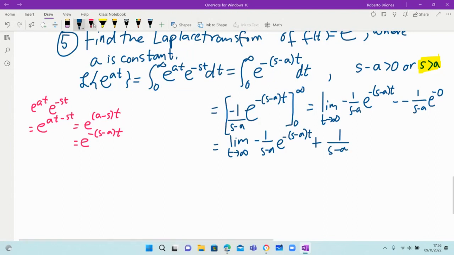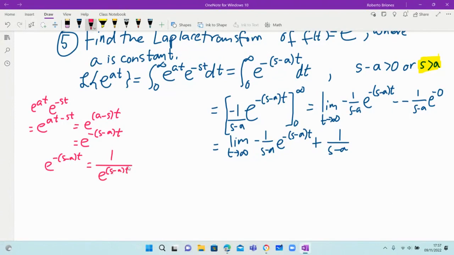And what we can do here, if we want to evaluate the limit as t goes to infinity, is to express e to the negative s minus a times t as 1 over e to the s minus a t.